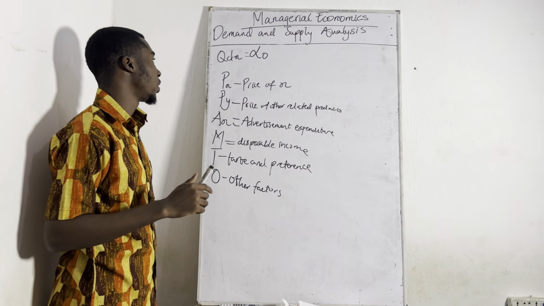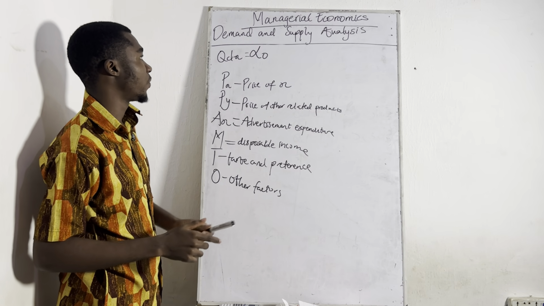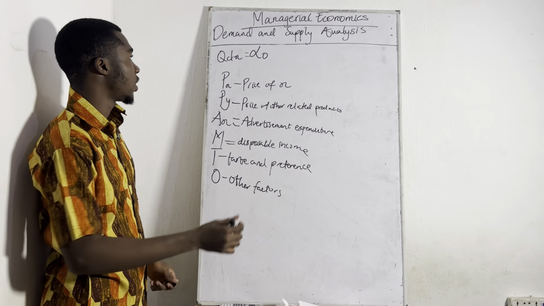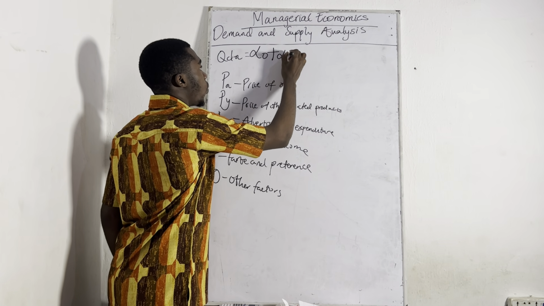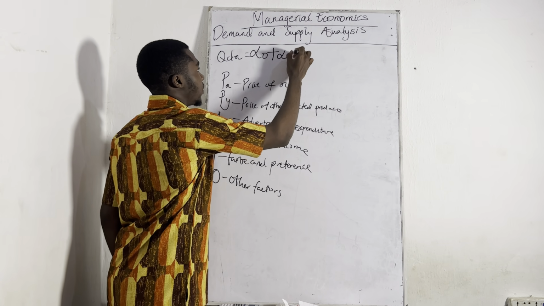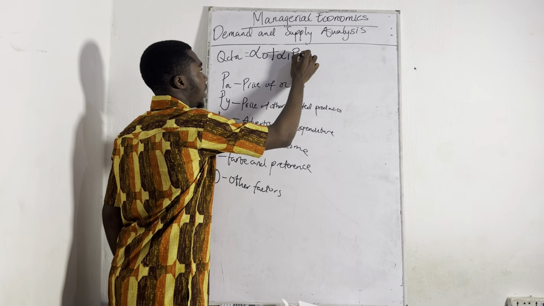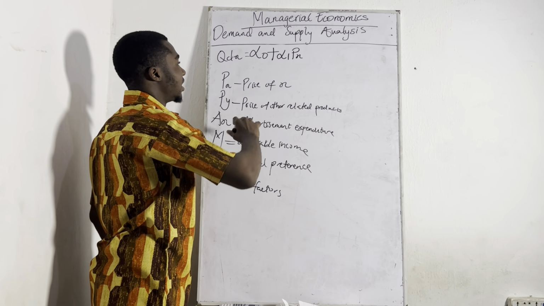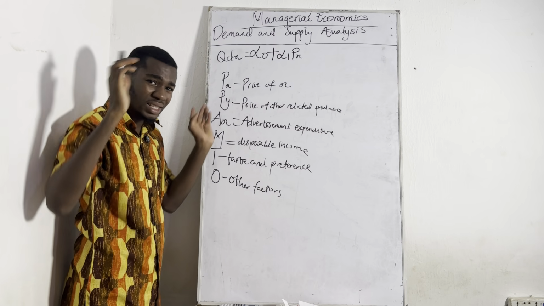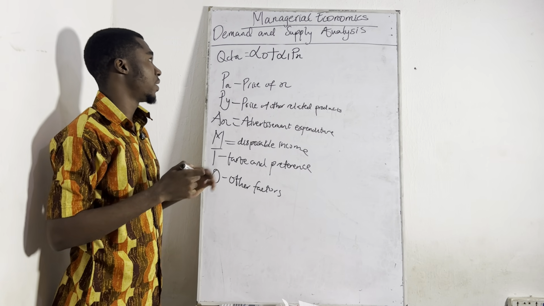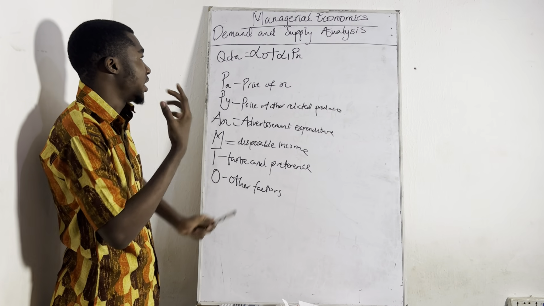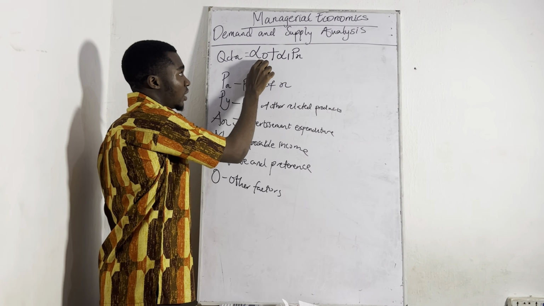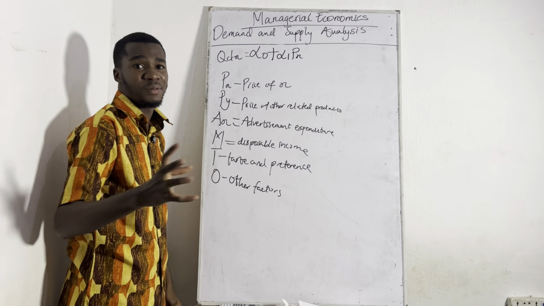Then the next one we talk about is the price of X. So for the price of X, we add plus alpha 1, then you bring the price of X, PX. So you are just writing the general demand equation, everything that affects demand. You first started with alpha 0. Once you see something attached to the 0, know that you are talking about other factors.